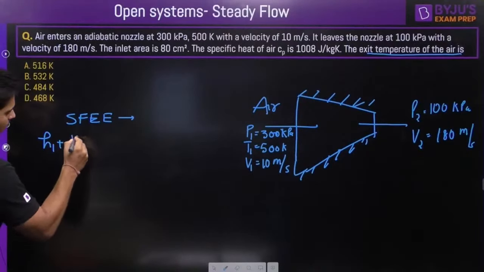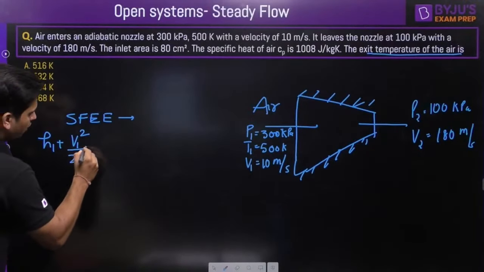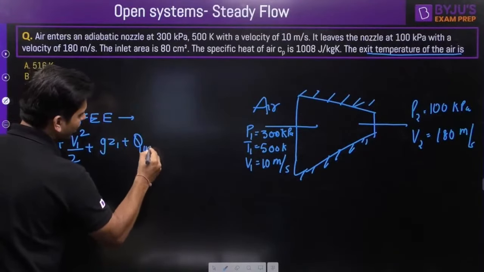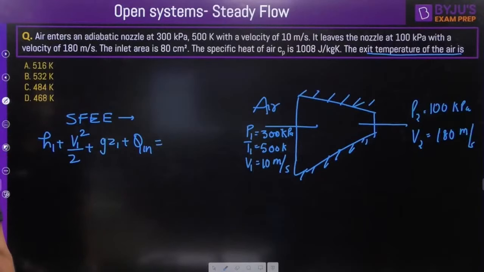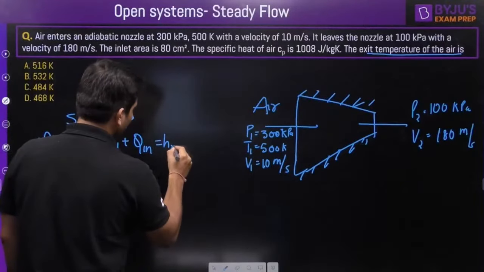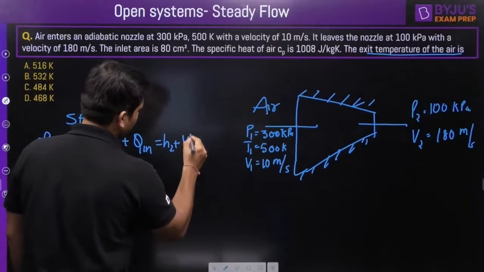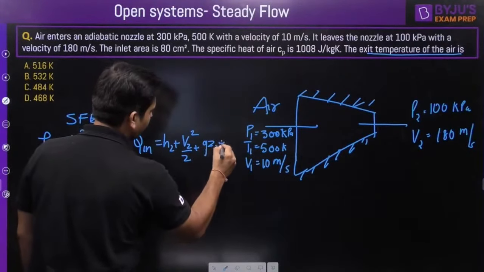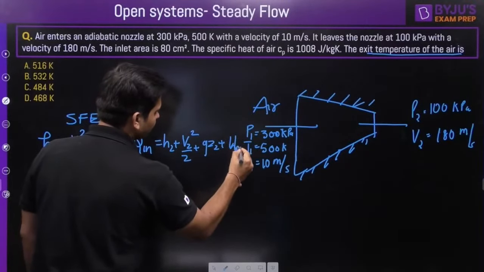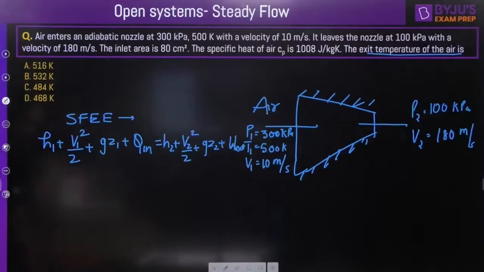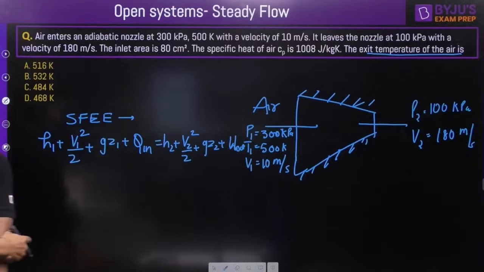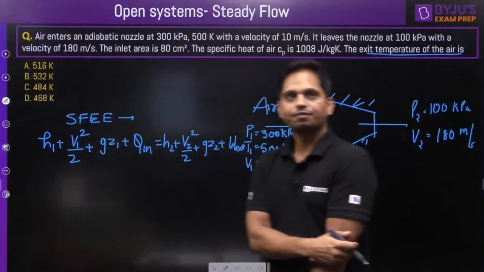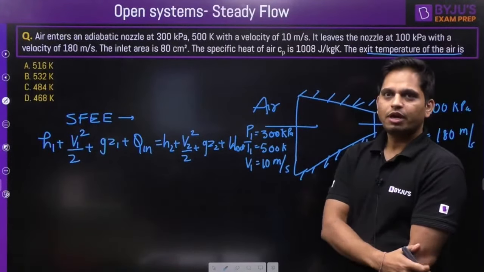H1 plus V1 square by 2 plus gZ1 plus any heat coming in is equal to H2 plus V2 square by 2 plus gZ2 plus any work output. Is this right? Are you able to follow this?